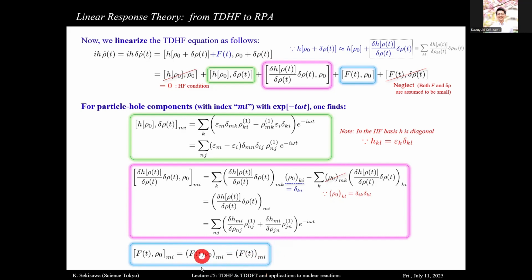And again, this rho 0 can be written as a Kronecker delta, and you can get this condition. So by imposing some external perturbation and expanding up to first order, or let's say linearizing the TDHF equation, we could derive those terms from the TDHF equations.